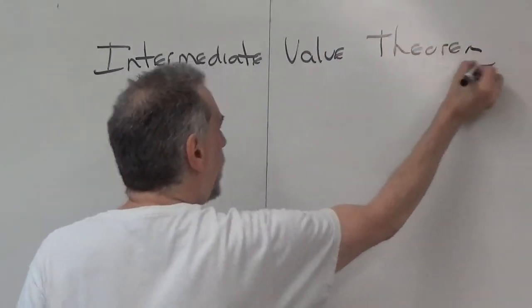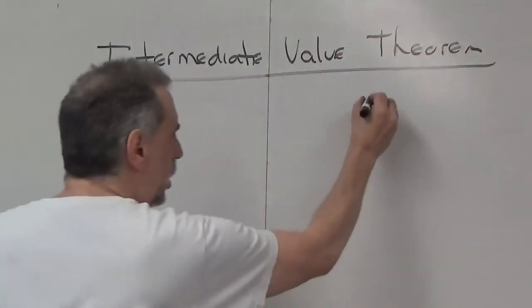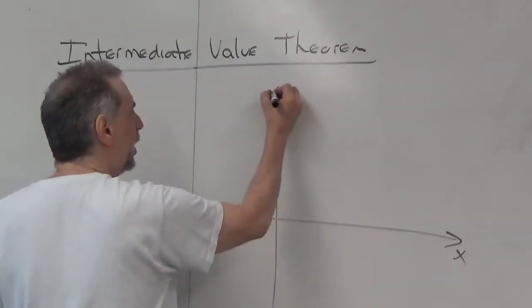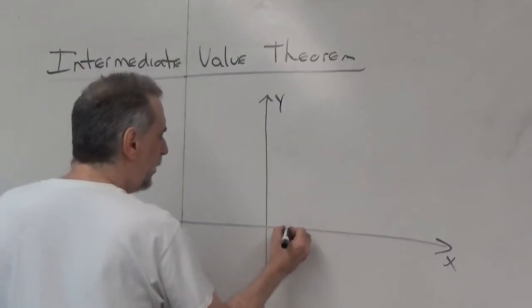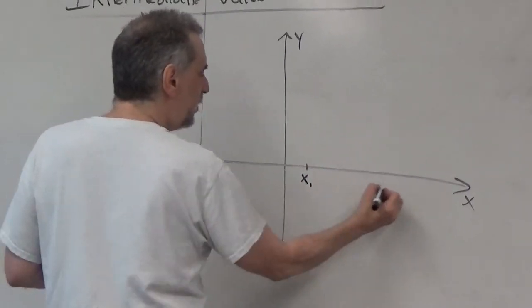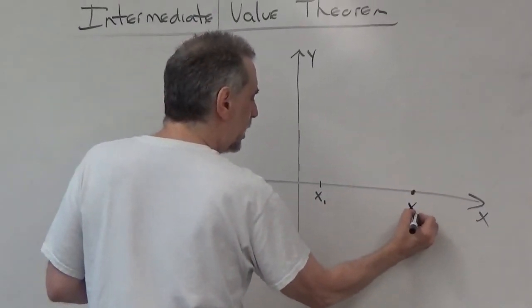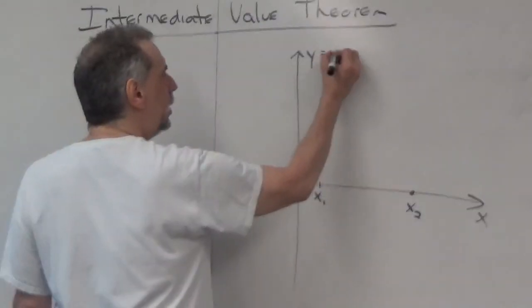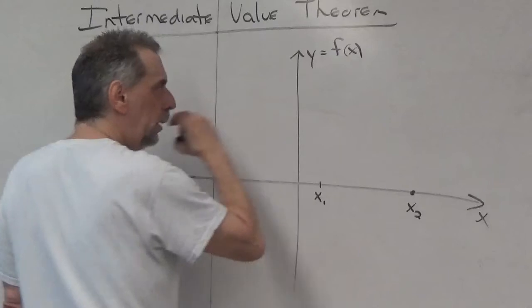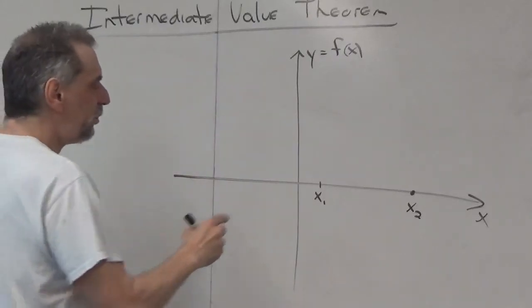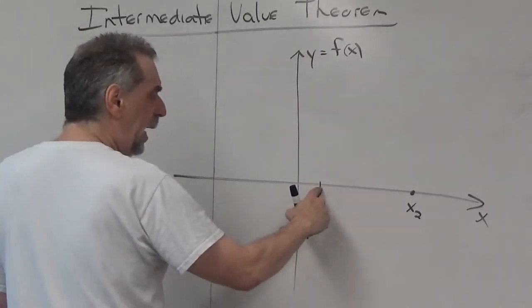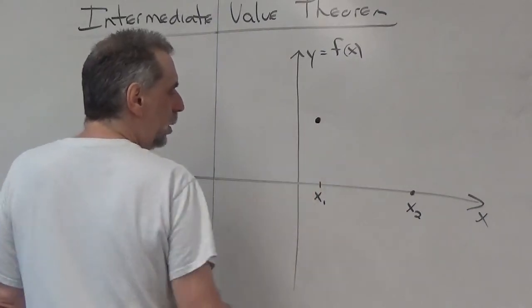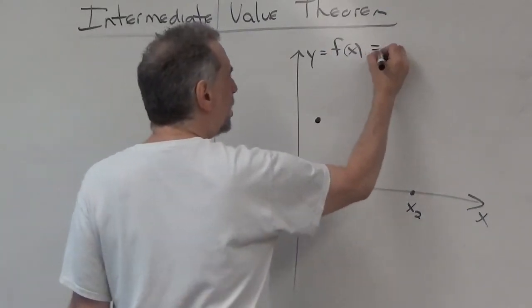And this is a pretty straightforward, pretty logical idea. So all the intermediate value theorem says is if I have one x value and a second x value, then I know, we'll call this f of x, and I know that at x1 the output is positive, and I'm given that f of x is a polynomial.